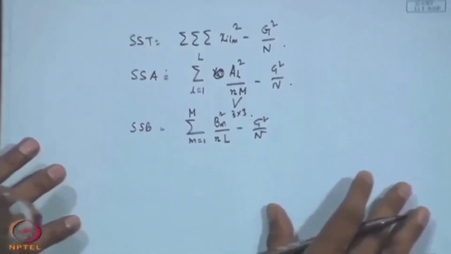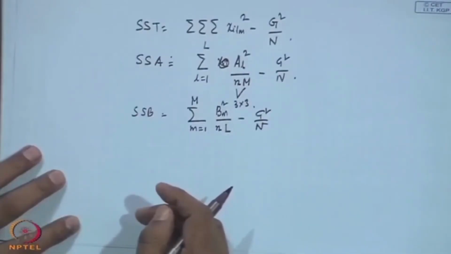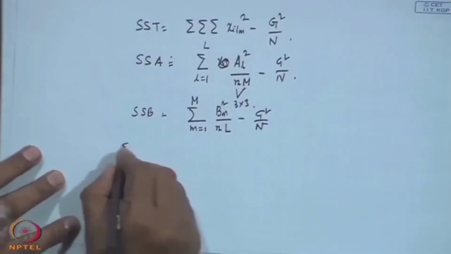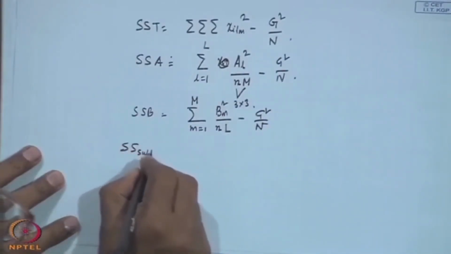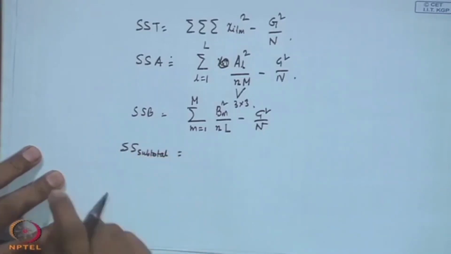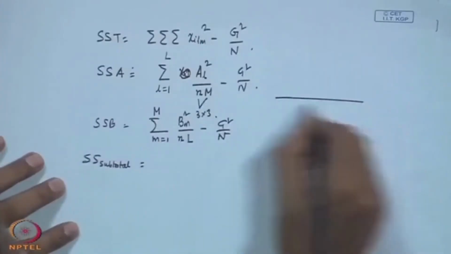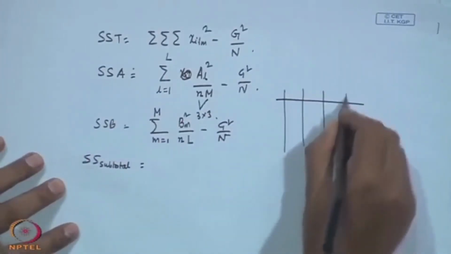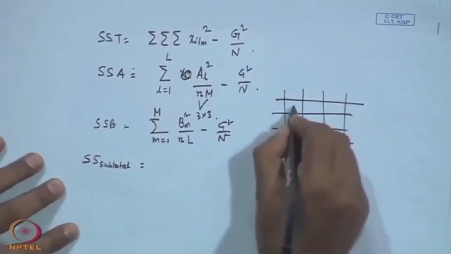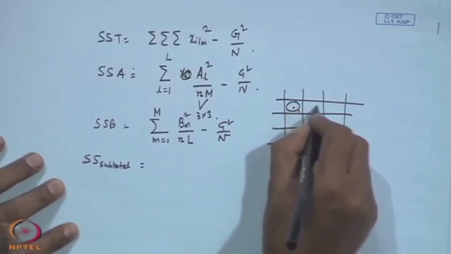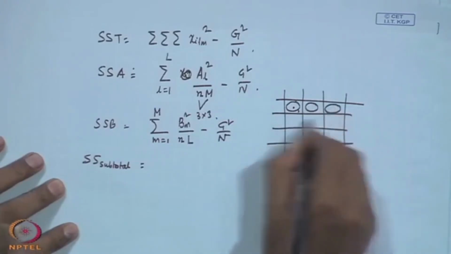Now we will create another quantity which is known as SS subtotal. As I told you, with 3 cross 3, the sum of all values in each cell gives 9 values.